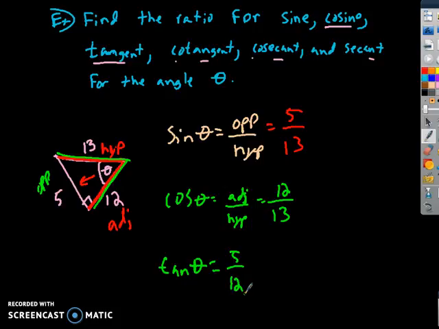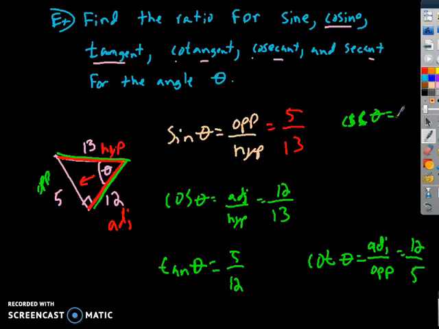Basically, if you know the first 3, the other ones are reciprocals of them. So cotangent of theta has to be the adjacent side over opposite, because it's the reciprocal of tan. So it has to be 12 over 5. And cosecant, CSC, of the angle has to equal the hypotenuse over opposite.